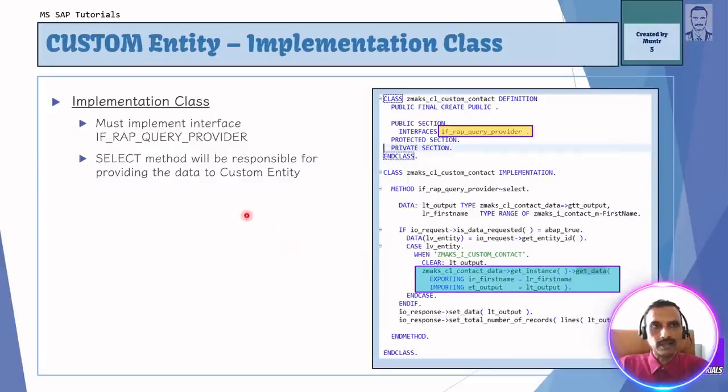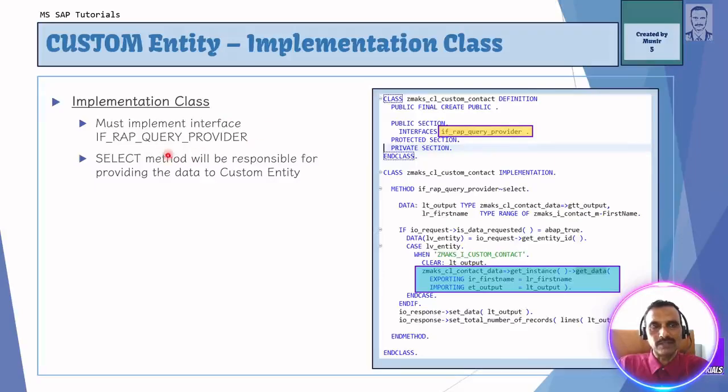Now, how we can build it is that as part of AMDP and table functions, we implemented an AMDP HDB marker. Here for our custom entity, we should implement an interface called IF_RAP_QUERY_PROVIDER.